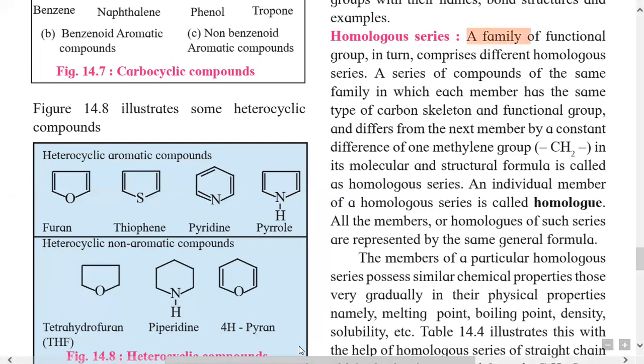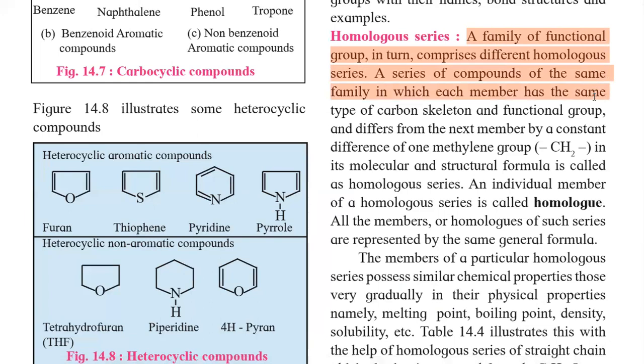A family of the same functional group, that is, a series of organic compounds containing the same functional group, is a homologous series. In this series, the compounds have the same carbon skeleton and the same functional group.